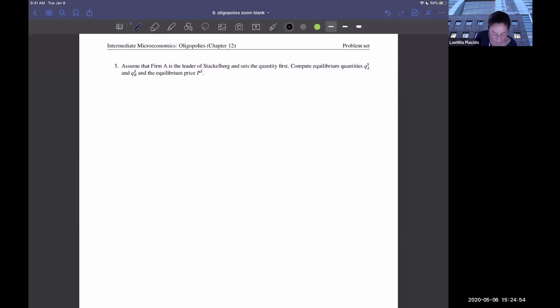So basically what we have here is a sequential game, in which the first player is firm A. Firm A has a choice between different quantities QA, and then firm B is going to observe the quantity QA and respond to that.